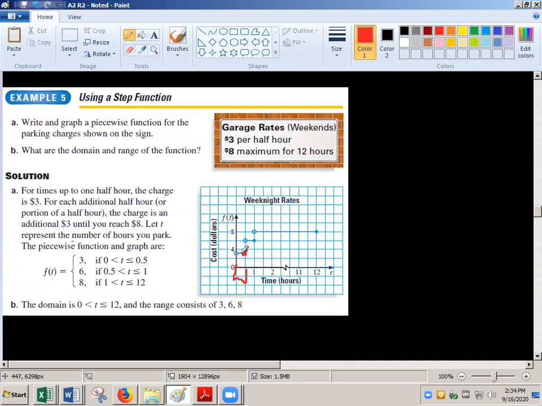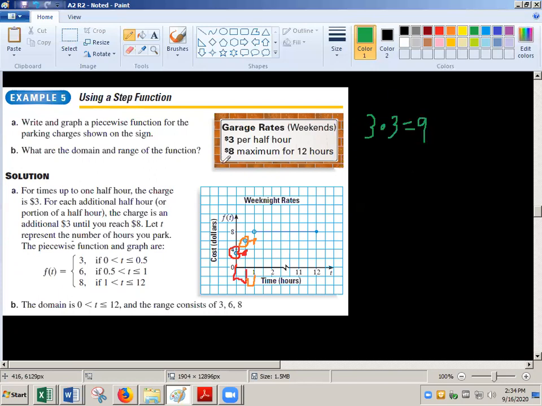So ending here, open circle right there. For the next half hour, again, we're going to have to pay another $3 up to that point there. But then we hit this cap. So we hit a cap. Once we go past our 1 hour, so if we were to do 1.5 hours, 1.5 is our third half hour times 3 would be $9.